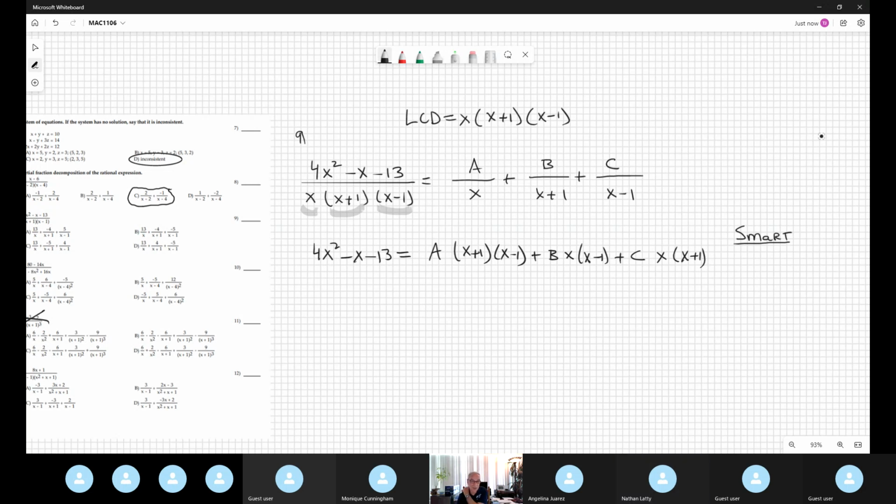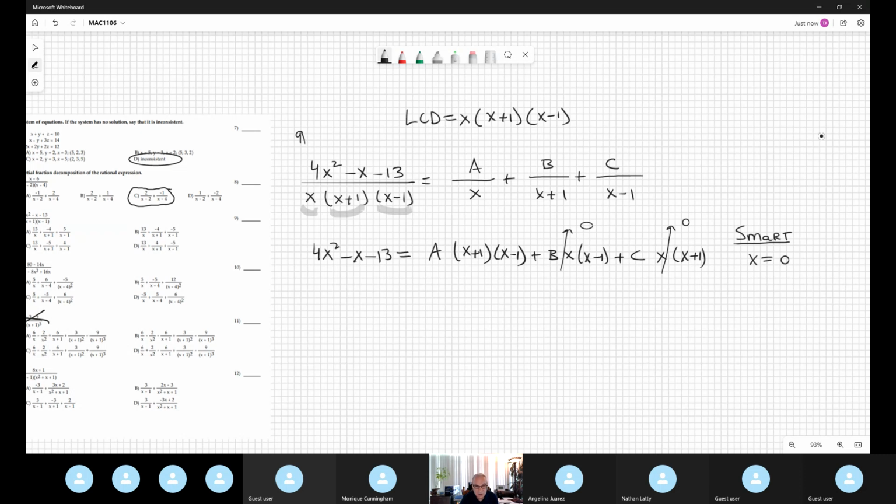How many do you see? 1, 2, 3, right? Okay, so the first one is easy, it's 0. If you evaluate 0, it is obvious that that part disappears and that part disappears, because 0 times something is 0.